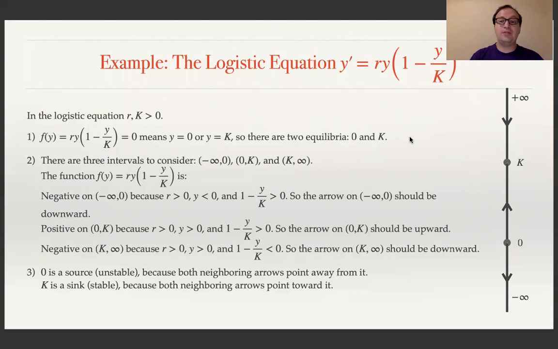Okay, now let me give for a change a more applied example, namely the logistic equation that we studied in the application section. As I said before, this provides a more realistic model for population growth. The equation is y prime is equal to ry times 1 minus y over k, where r is the growth rate and k is the carrying capacity of the environment.